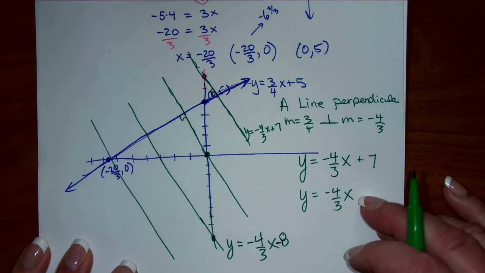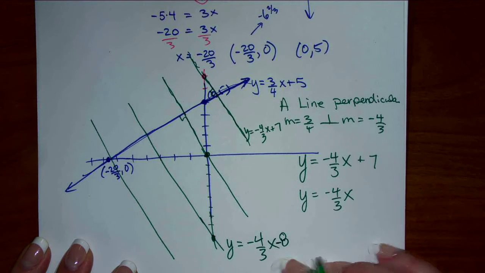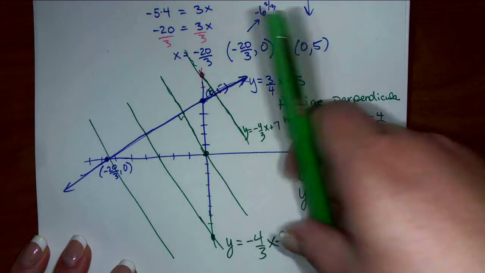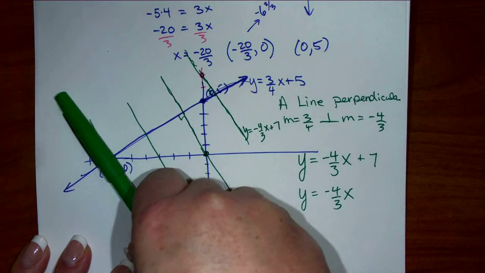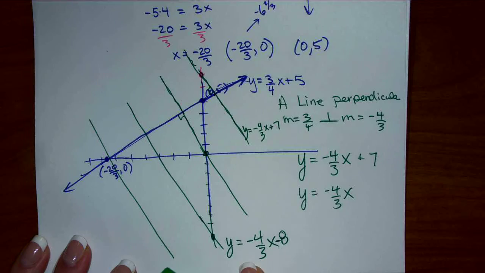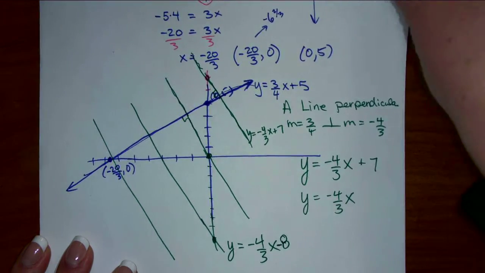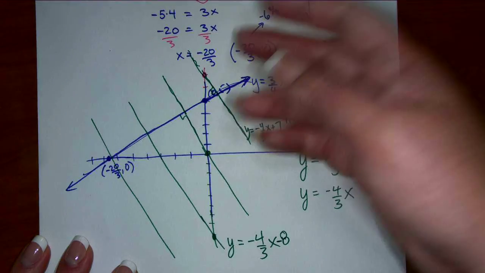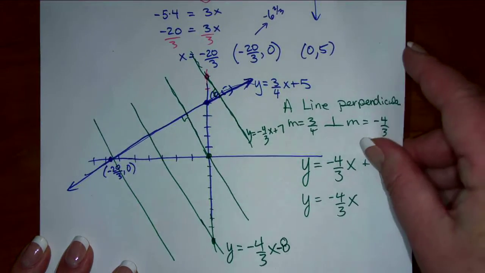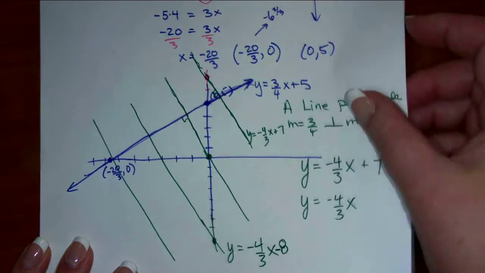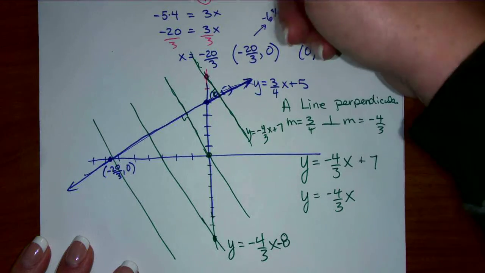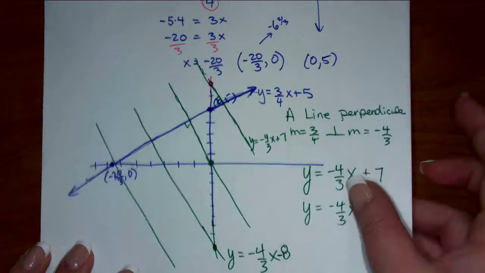So you can put the intercept on and draw the line. And they're all parallel to each other, right? Because they all have a slope of -4/3, but any of these could be a line perpendicular to that line. And everyone in the class could pick a different one, although most of you would probably pick 1 or 0, something that you could draw easy on it. Maybe 7. You probably wouldn't draw 100, because then you'd have to make your graph a lot bigger, and it would be way out here. So most likely you'd pick something in this area that you could draw easily.